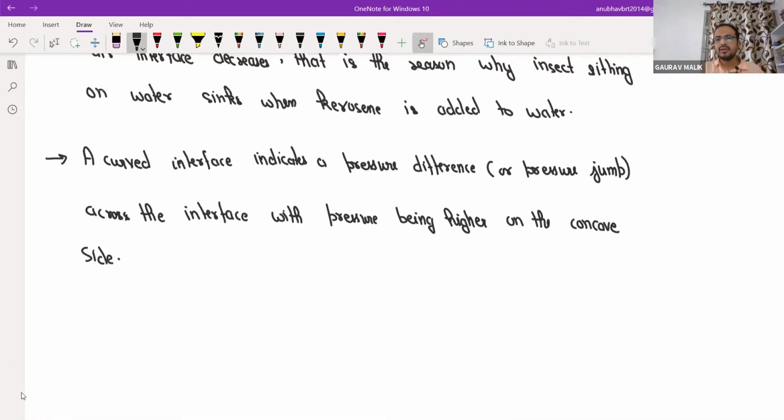Is it clear? Now we will derive three different cases for liquid droplets, for soap bubble, and for liquid jet.